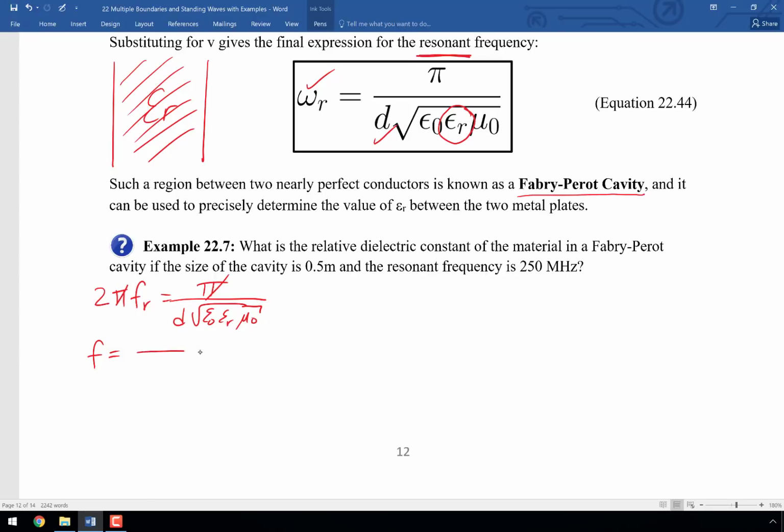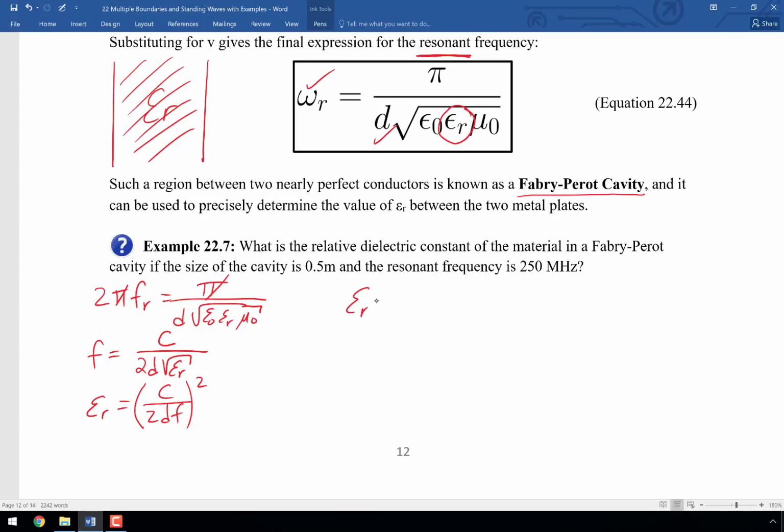So f is equal to, we're going to have a 2d in the denominator, and I'm going to take that square root of epsilon 0 mu sub 0 in the denominator and make that into a c up in the numerator, and then I still have an epsilon r square root in the denominator. So if I want to calculate it, epsilon r is going to be c divided by 2df, the quantity squared. Well, I know c, I know d, and I know f, so I can calculate epsilon r.